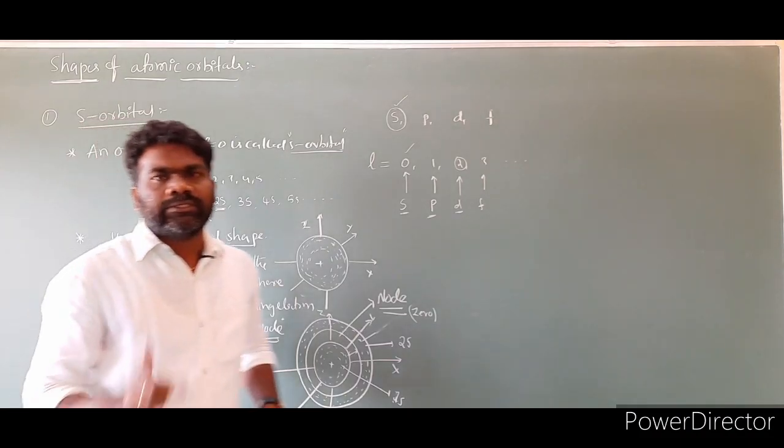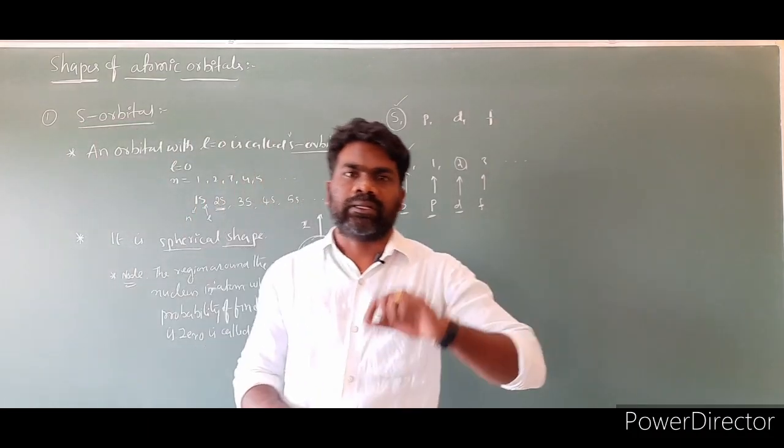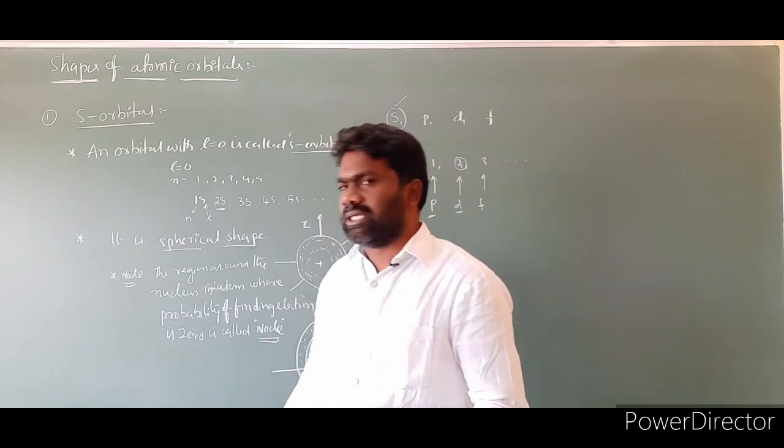In simple words, it is zero probability of finding an electron in a particular region around the nucleus. That region is called a node.